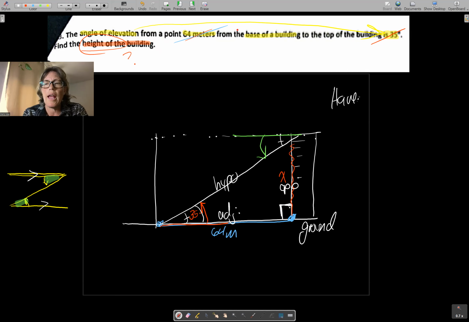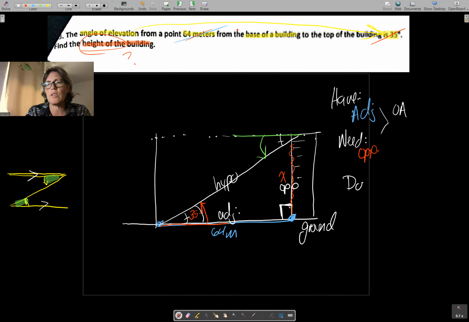So we have the adjacent, which is 64. We need the opposite. So what do we have? We have an OA combo.